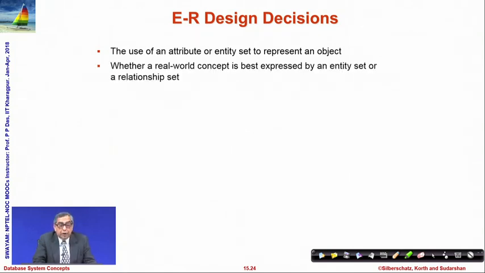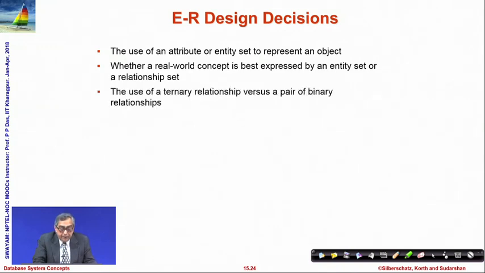And we will also have to see whether in the real world this actually is an entity set or a relationship set, that it is not a concept by itself, but is a concept which relates two or more entity sets and thereby becomes a set of representation.